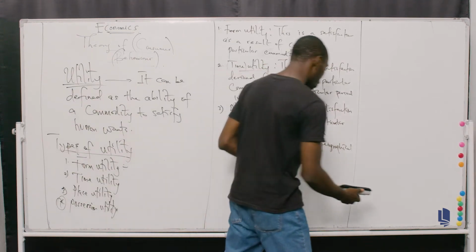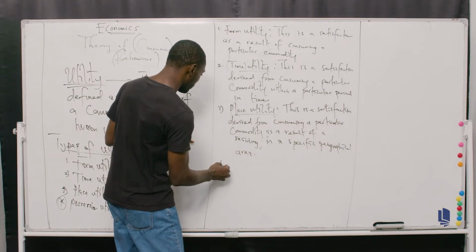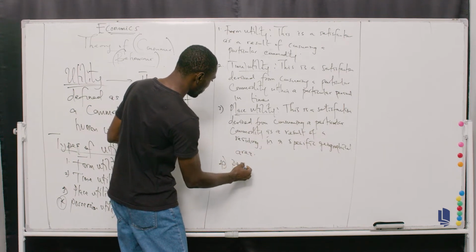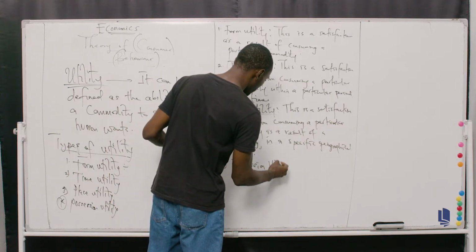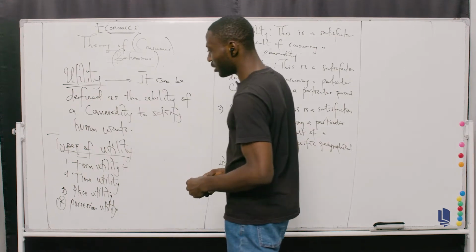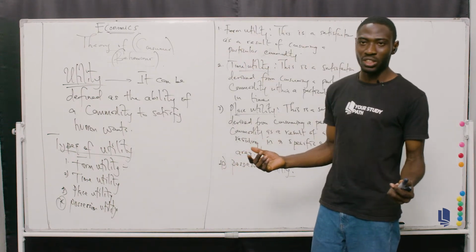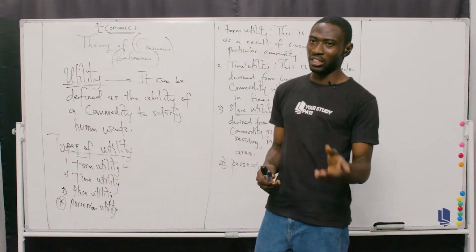Number 4, possession utility. Now, when we say possession utility, what do we mean? There is a difference between possession and ownership.